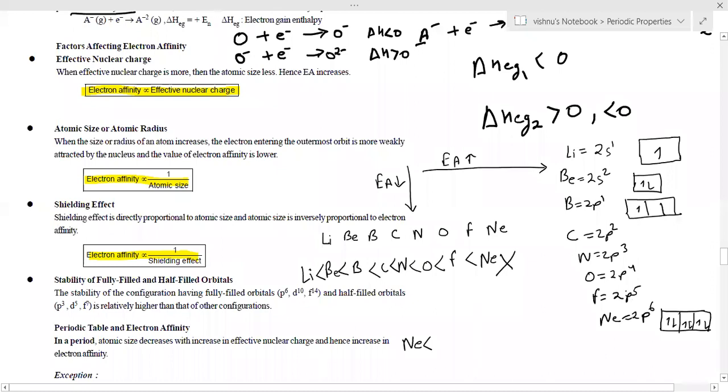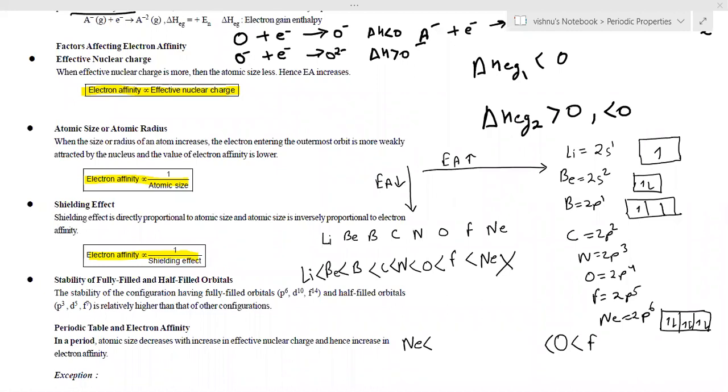If we add one electron, it will become fulfilled. And according to the general order also, it is maximum. So fluorine is maximum. Fluorine greater than, again oxygen, right? Now after oxygen, we have nitrogen. Okay. Yes, that's the thing, right?